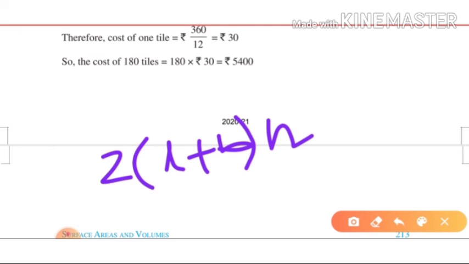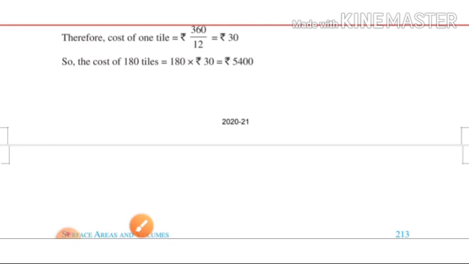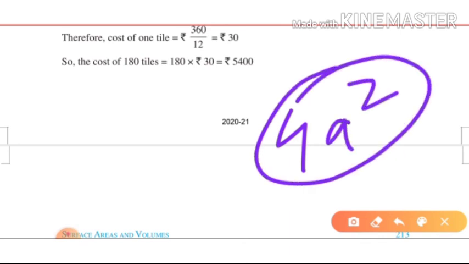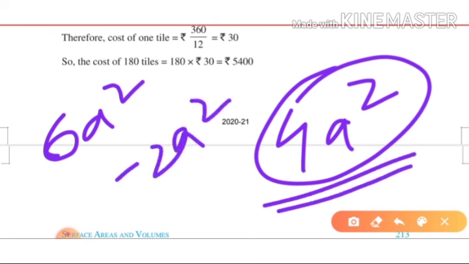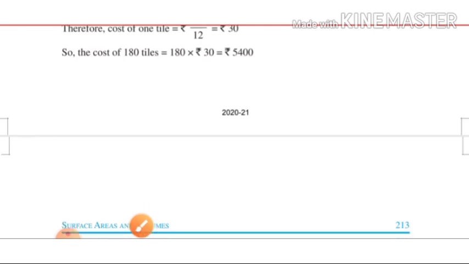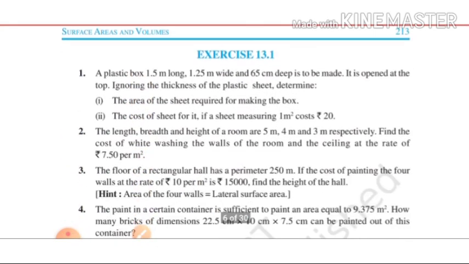If you are asked to exclude one pair of opposite walls, then you exclude that pair. The lateral surface area of a cube will be 4a square, because from 6a square we exclude 2 faces. So that is the lateral surface area of a cube. Then we'll head on to the exercise. Thank you.